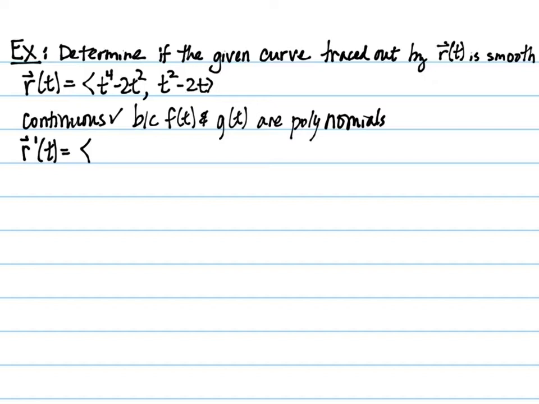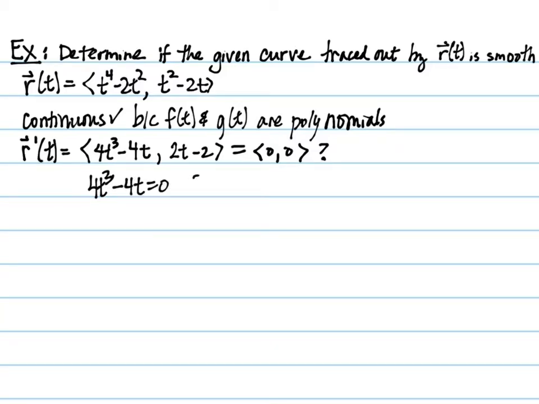So if I take the derivative, I have 4t cubed minus 4t, and then 2t minus 2. And the question is, does this ever equal 0, 0? So we have two possibilities that we have to look at: 4t cubed minus 4t equals 0, and 2t minus 2 equals 0.